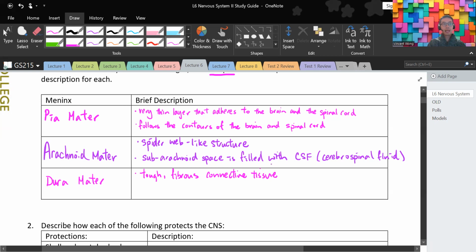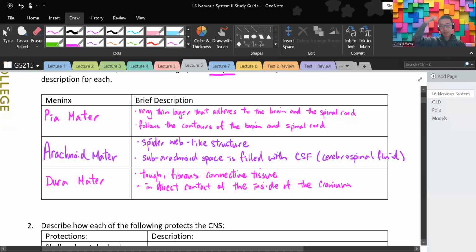Okay. And it is in direct contact with the inside of the skull, of the cranium, right?